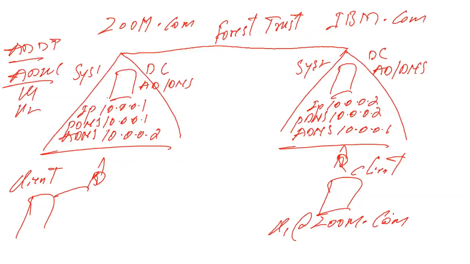Resources means files, folders, shared folders. You can access them if you have permission. So we require what here? Clients. But today in our lab we are not having clients.